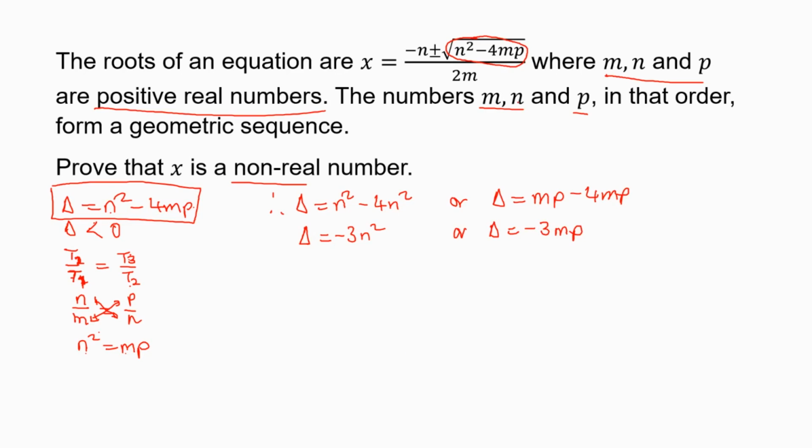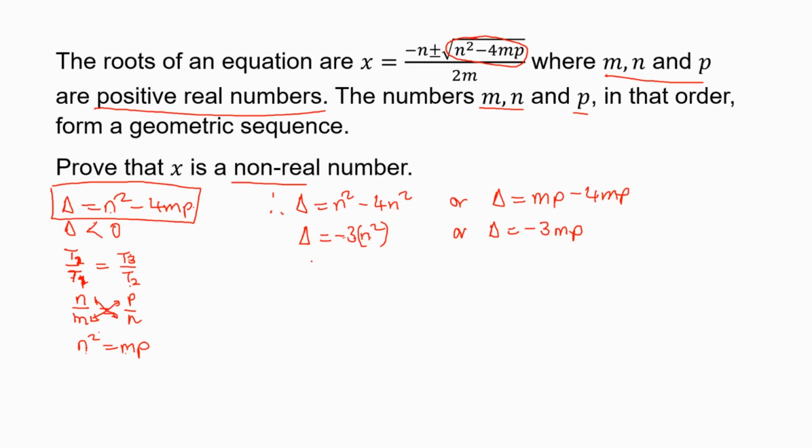Now, n is a positive real number, so n squared here is going to be positive. Negative 3 times a positive number will give us a negative number.